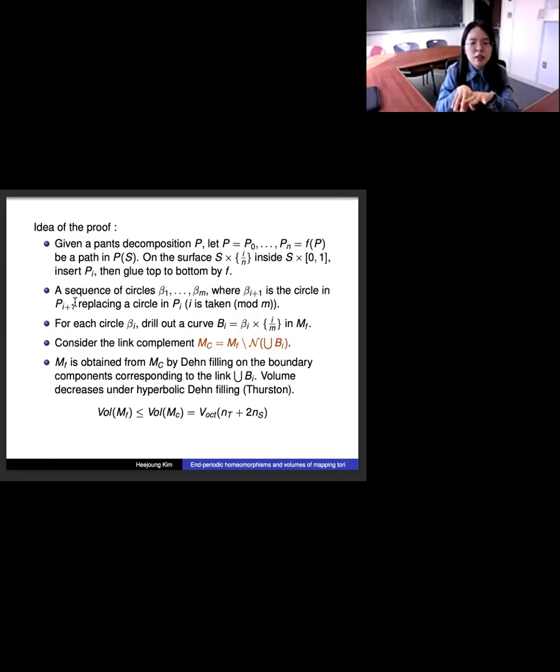Okay, and then we drill out such curves from the mapping torus.